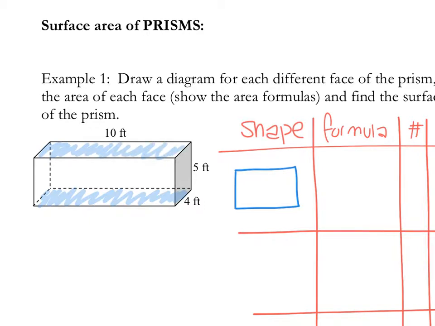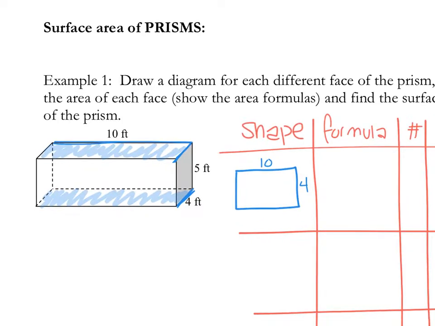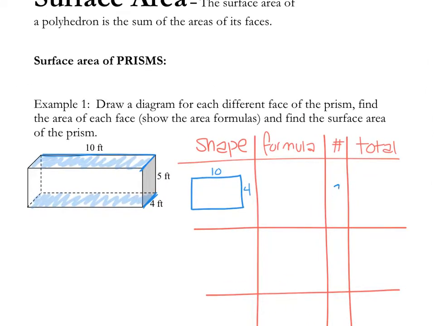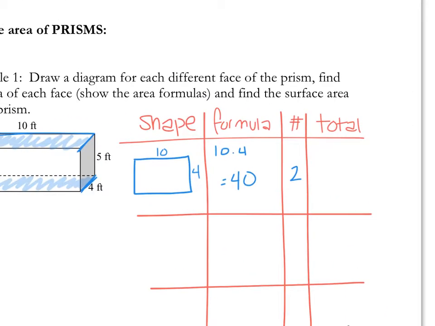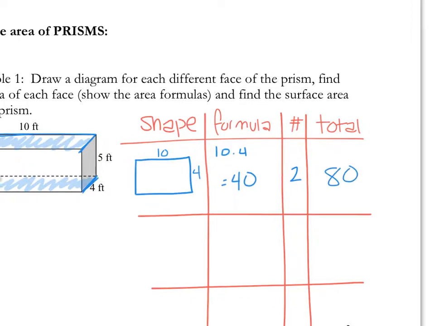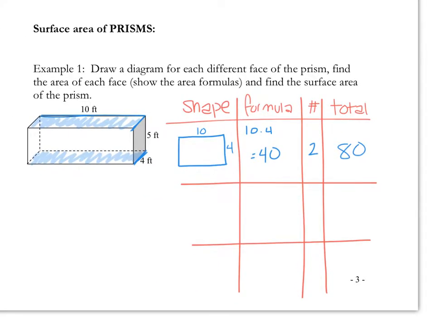So this is going to be a 10 by 4. This side is 4. This is also 4. And this long side is 10. So, how many of those do I have? Well, it's top and bottom, so that's 2. So formula, rectangles are base times height. So I get 40. And there's 2 of them, so I'm going to multiply by 2 to get 80 as my total for that shape.